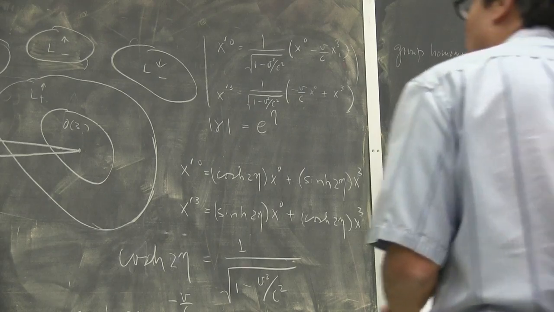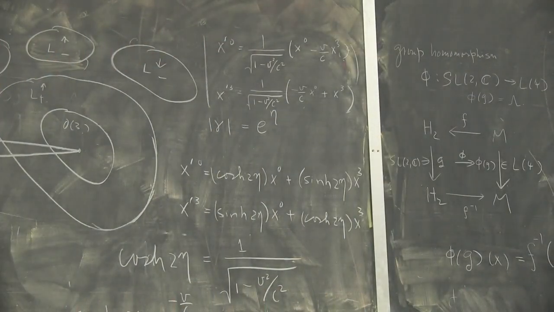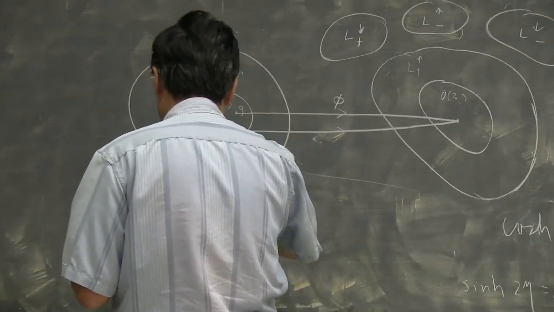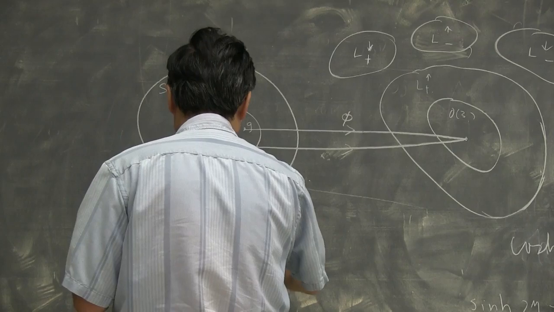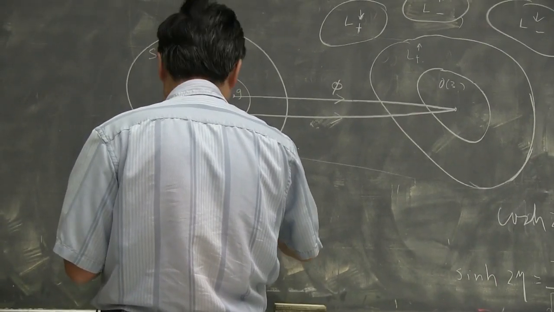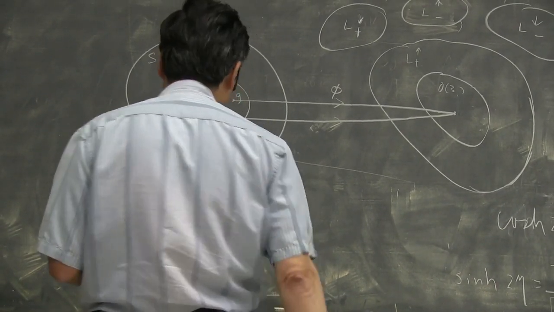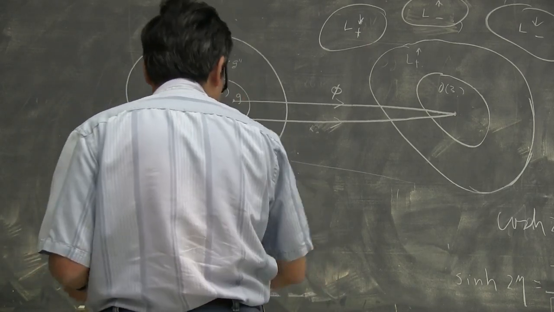And of course the phi of G double prime gamma is the particular Lorentz transformation we labeled as A mu nu, which is characterized by eta now. This is a 4x4 matrix.